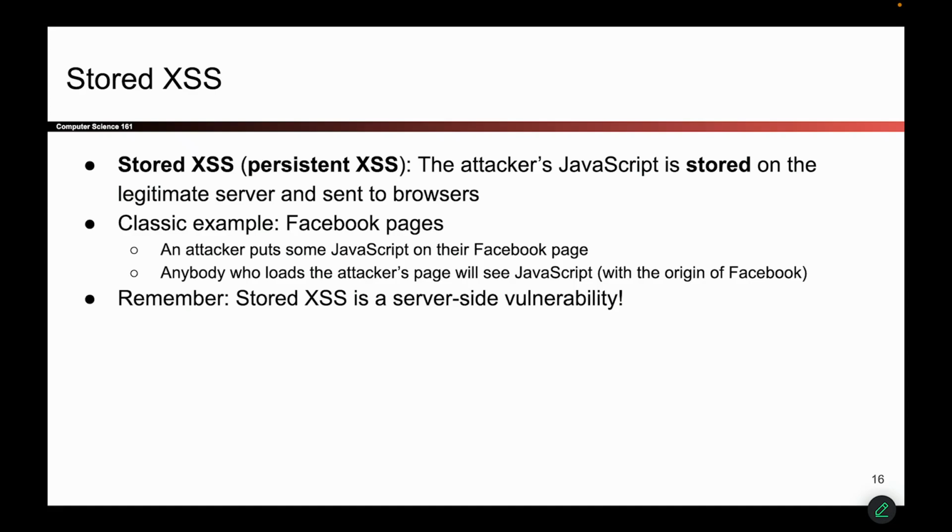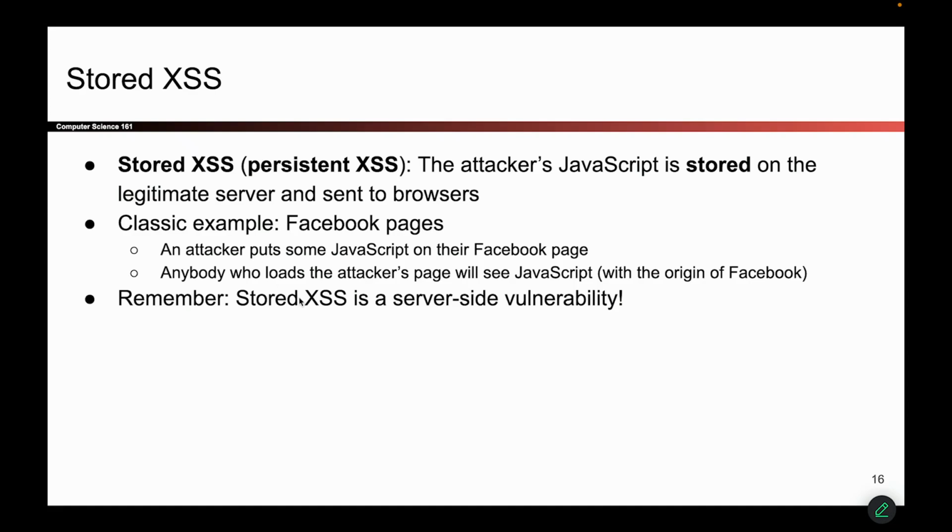And if Facebook isn't careful and doesn't implement defenses, then anyone who loads that page will run that JavaScript. And critically, it's not just any JavaScript. It's JavaScript that has the origin of Facebook. So it can access all of Facebook's secrets or tamper with the appearance of the Facebook page.